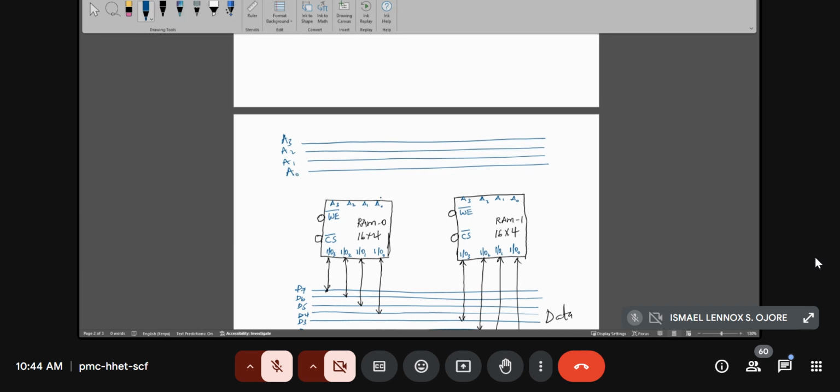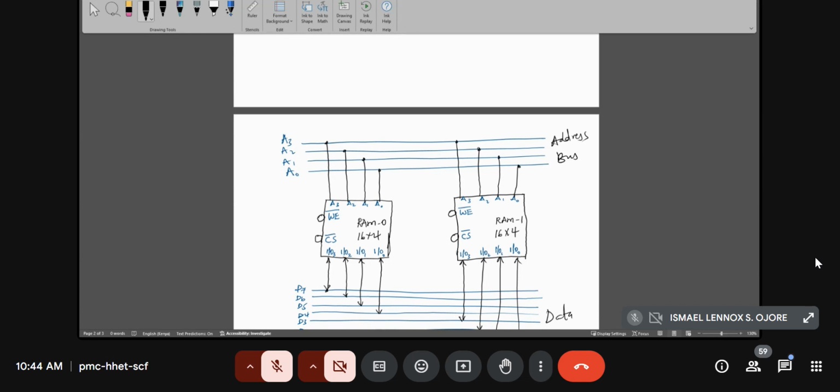And how are they connected? Once again, we just use a direct connection. This is the address bus. And then we are left with our control lines.